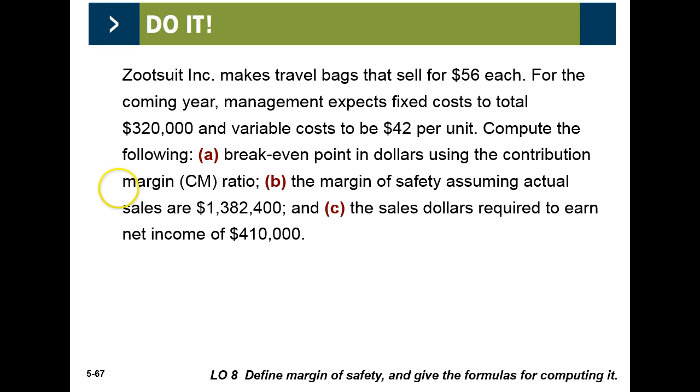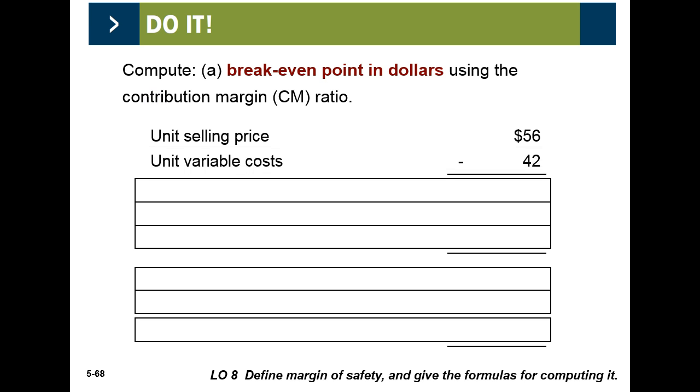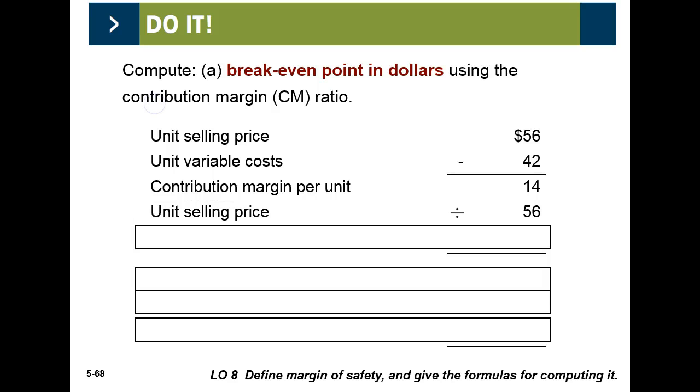So the first thing we need to do is determine the break-even point in dollars using the contribution margin ratio. How are we going to begin to do that? We're selling them for $56. Our variable cost per unit is $42. Therefore, we have $14 a unit to apply towards our fixed costs, don't we?